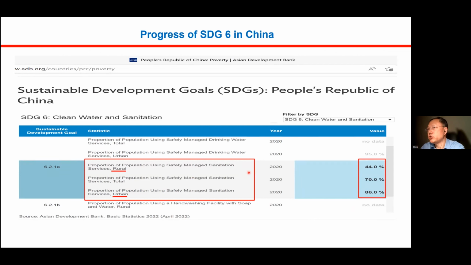So on average, in total, it is 70%. That means still 30% of people didn't have access to safely managed sanitation services.